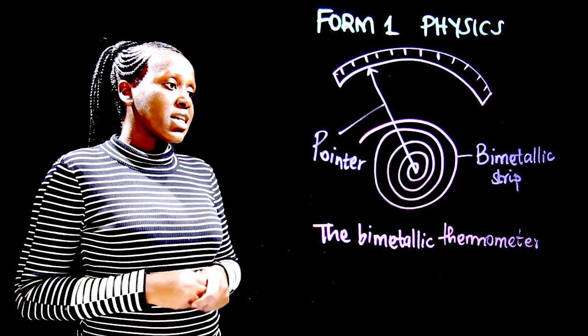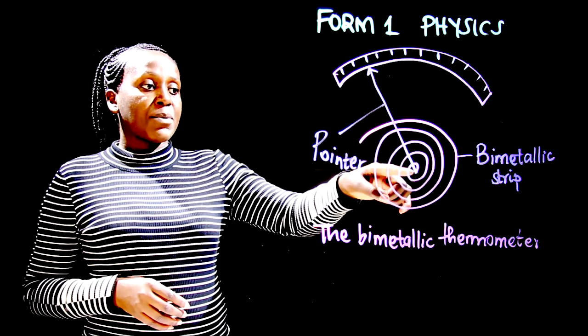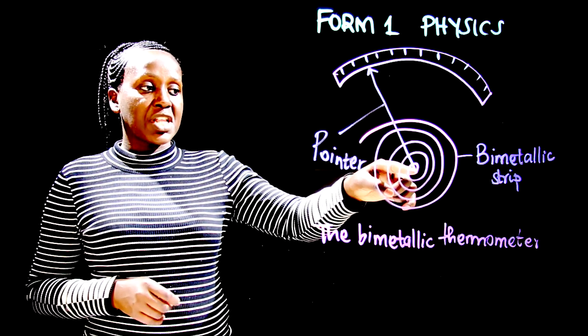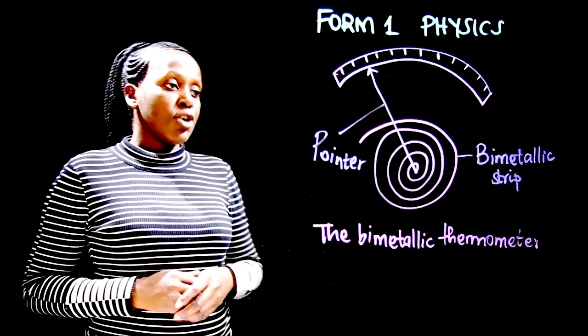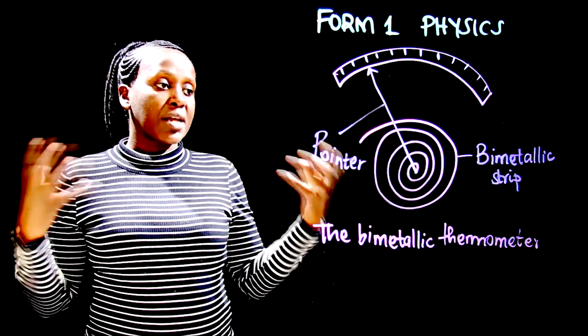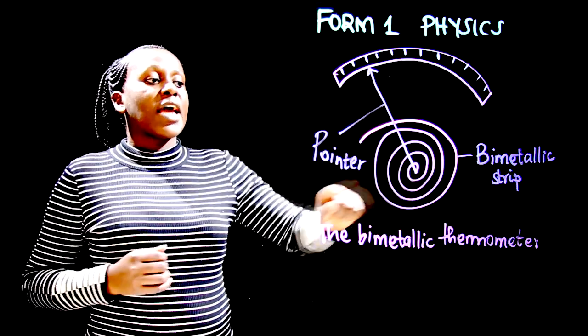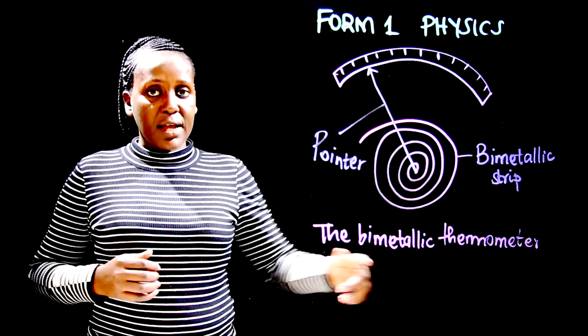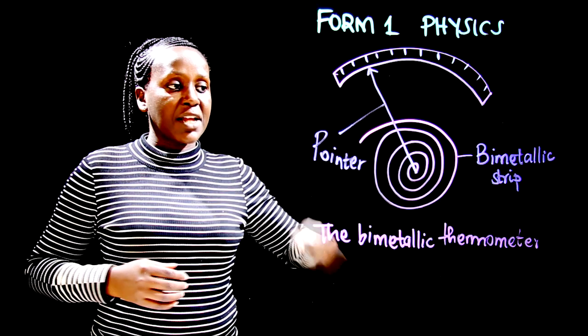So in this bimetallic thermometer, we have the bimetallic strip, and then we have a pointer fixed on this end, and then we have a scale here. When temperature increases, the bimetallic strip gets heated and it begins to curl in the clockwise direction.